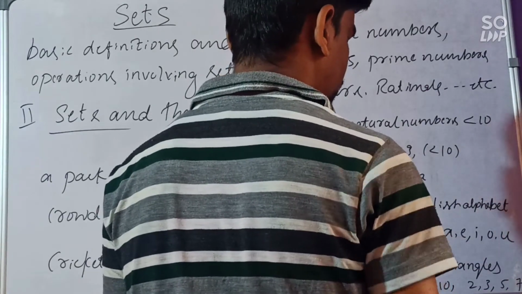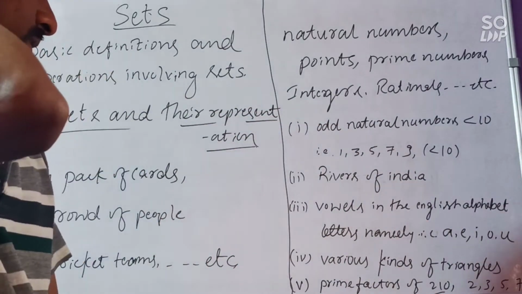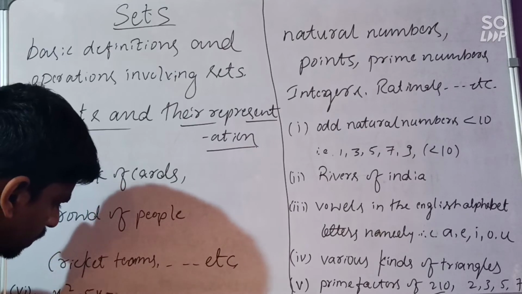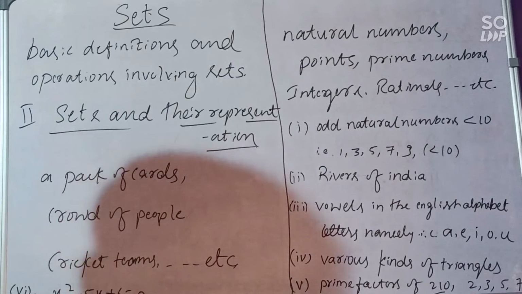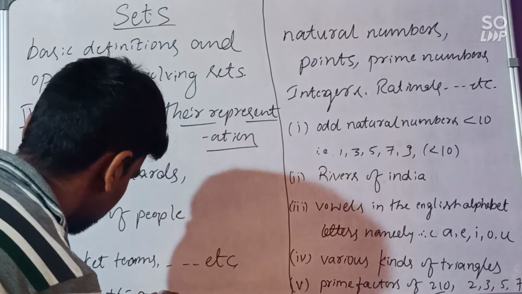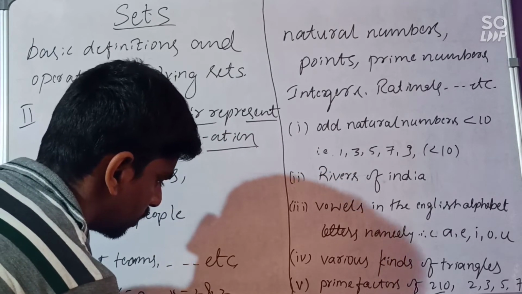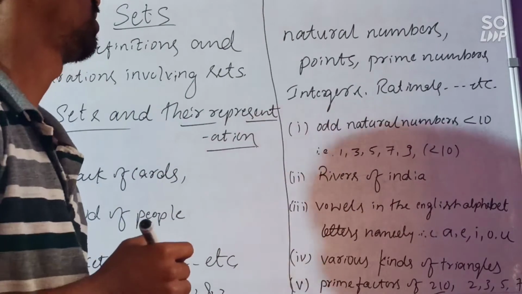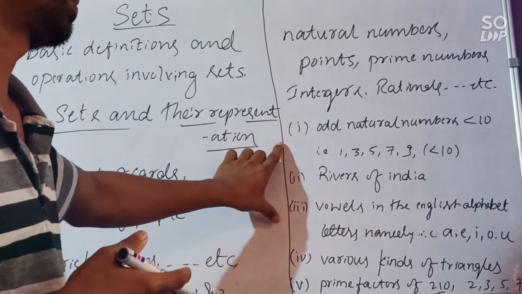These are all prime factors of 210. Next, find the solution of the given equation x squared minus 5x plus 6 equals 0. The solution is x equals 2 and 3.